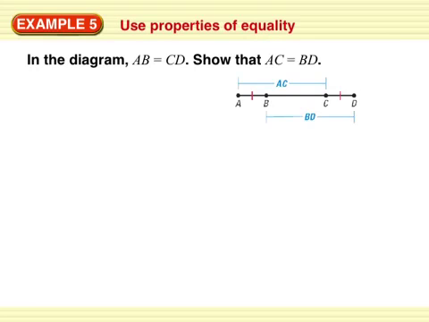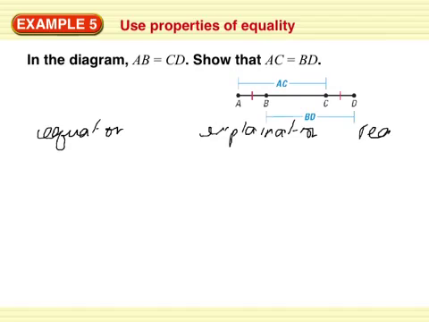All right, in the diagram, segment length AB is equal to segment length CD. Show that segment length AC is equal to segment length BD. Let's write our equation, our explanation, and our reason.